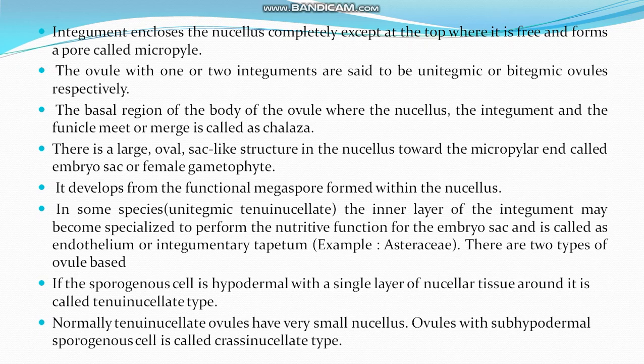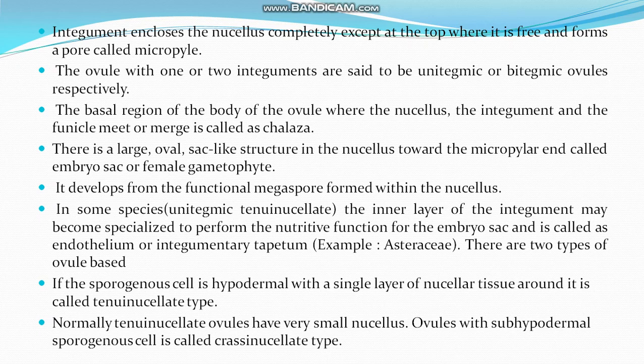The basal region of the body of the ovule where the nucellus, the integument and the funicle meet or merge is called chalaza. There is a large oval and sac-like structure in the nucellus, towards the micropylar end, called the embryo sac or female gametophyte. It develops from the functional megaspore formed within the nucellus.